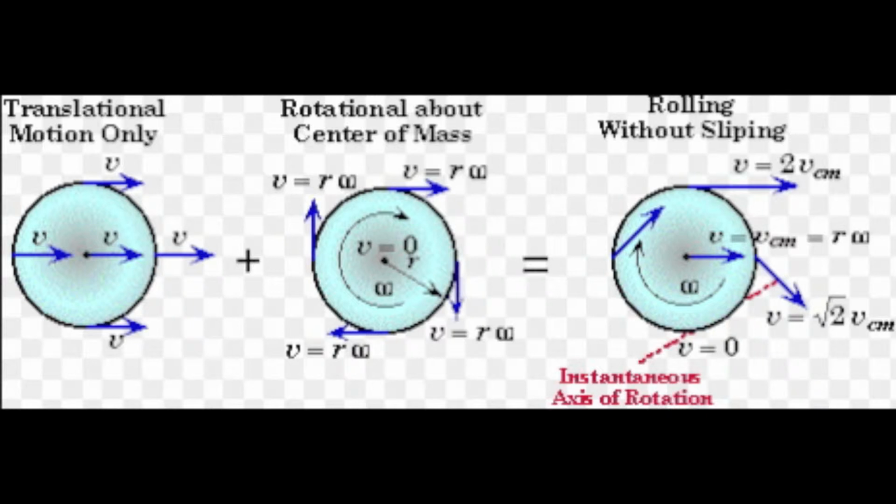If the ball is not slipping, we can conclude many things about this ball. We can say that v, the velocity of the center of mass, is equal to r times omega. And this will help us in a lot of different problem solving techniques and problems.